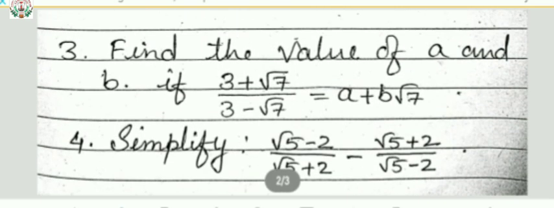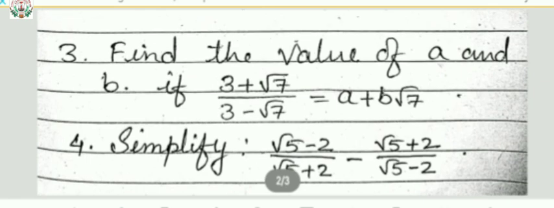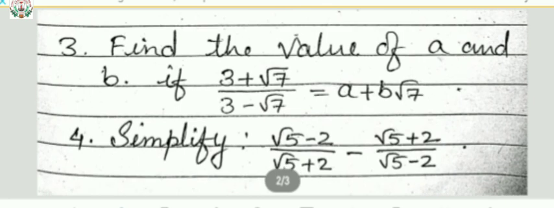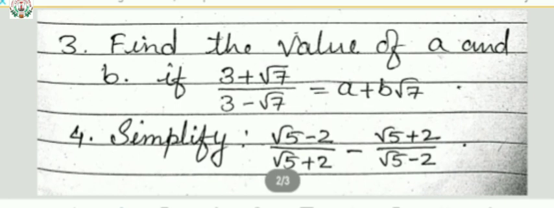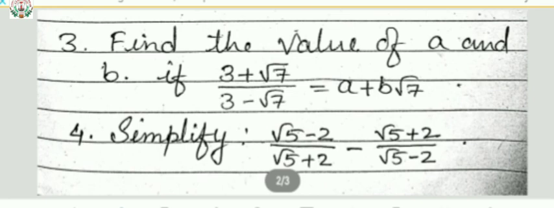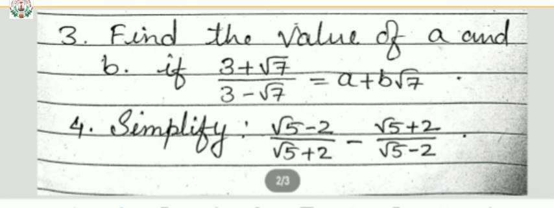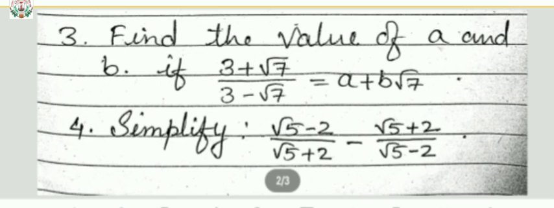Okay, simplify that. Now the next question is, find the value of a and b if (3 plus root 7) upon (3 minus root 7) equals a plus b root 7. Now we know that we have to rationalize the fractional part on this side, that is (3 plus root 7) upon (3 minus root 7), so we multiply by (3 plus root 7) upon (3 plus root 7) in the numerator and denominator, because our aim is to rationalize the denominator.